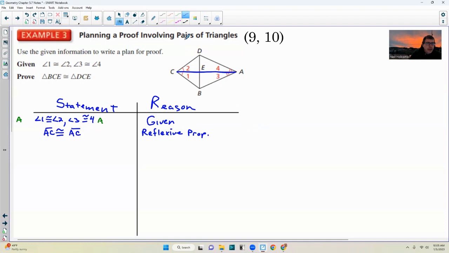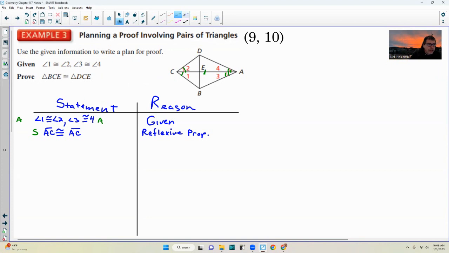Okay, so now let me erase that. And let me put a congruent mark to show that AC is congruent to itself. So that is a side. So I have an angle, I have a side, I have an angle, congruent to an angle, side, angle.